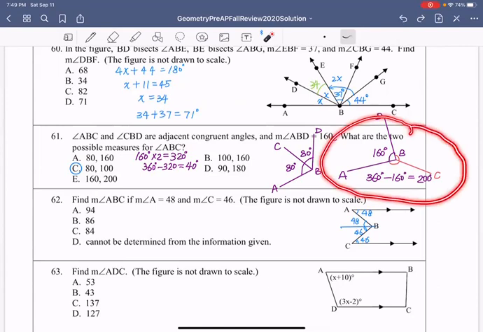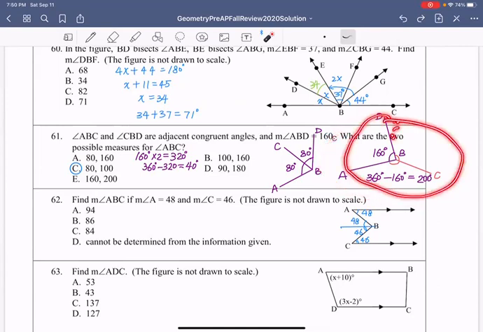Ellen, by looking at this, can you read my figures and try to explain? Go ahead. There's an angle that's 160. Yes, you say ABD is 160. Of course, ABD is 160.